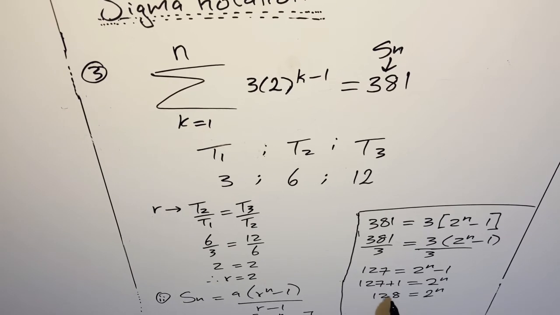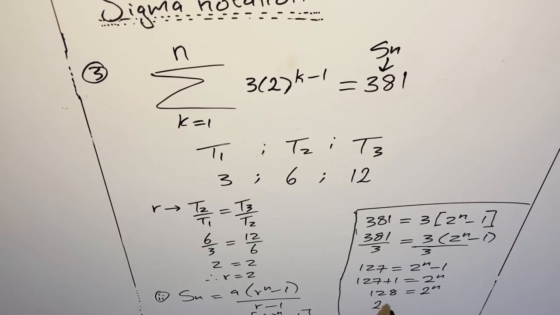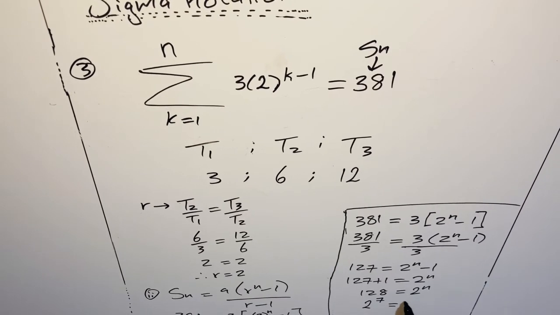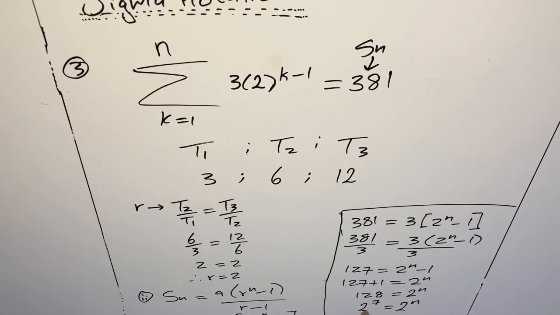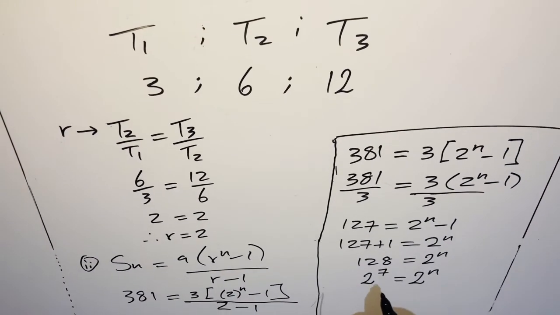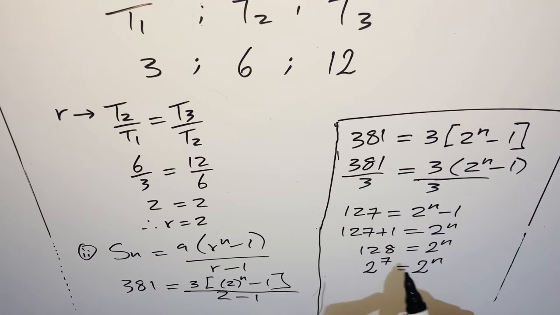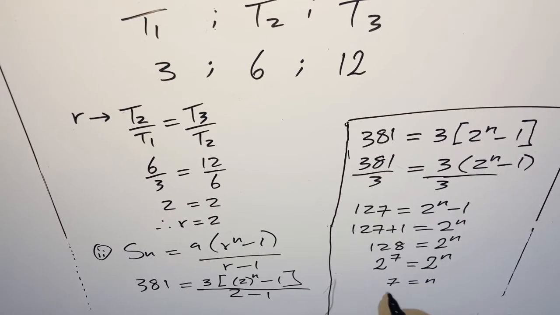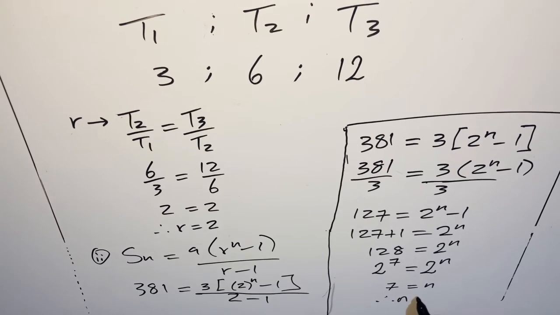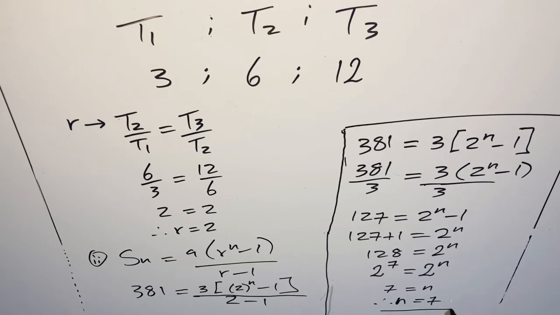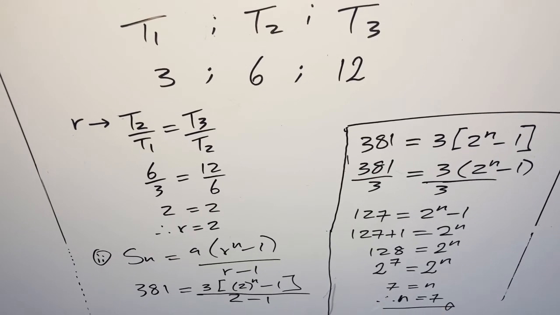So 128 is 2 to the 7, then this is 2 to the n. I've made my bases the same, then I drop the base, I remain with 7 is equal to n. Therefore my n is equal to 7. Then yeah, that's your answer.